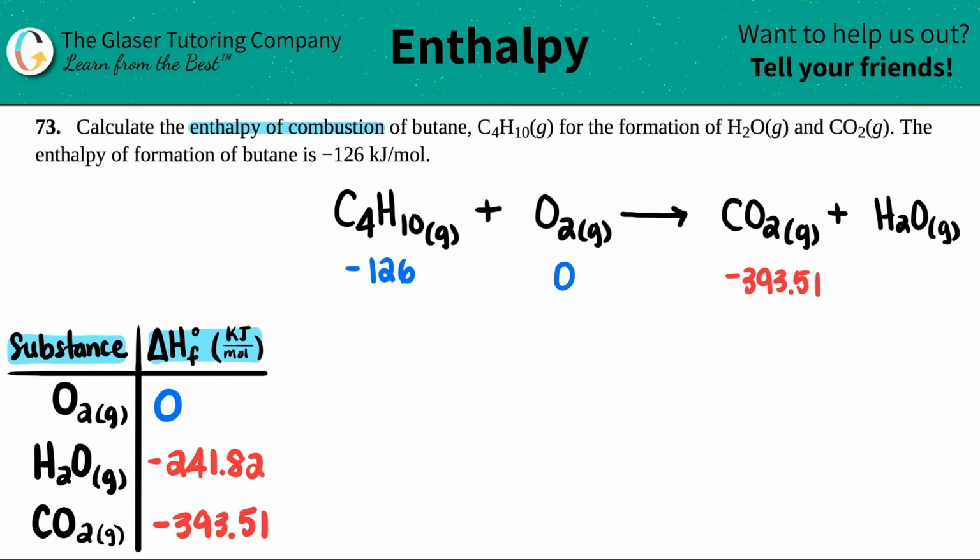And for the H2O, it's negative 241.82. I just want to point out, guys, be careful because there is H2O gas and there's H2O liquid. Make sure that you're taking the H2O gas numbers, not the liquid ones.